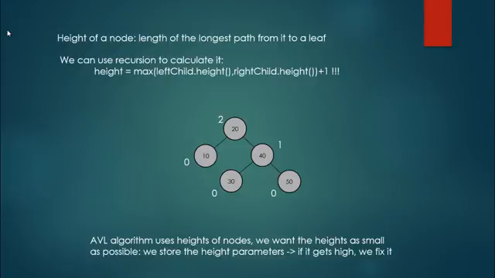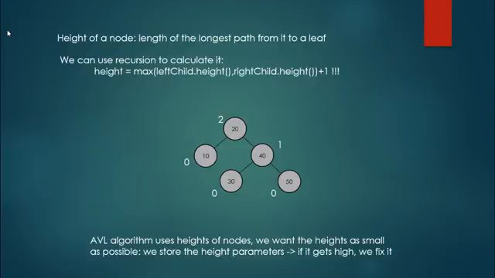So the AVL algorithm uses heights of nodes. We want the height as small as possible. We came to the conclusion that if we make sure that these height values are small, our tree will be balanced, and that's our aim.